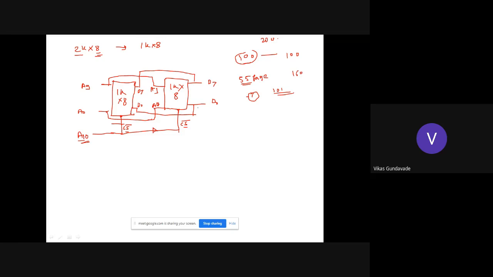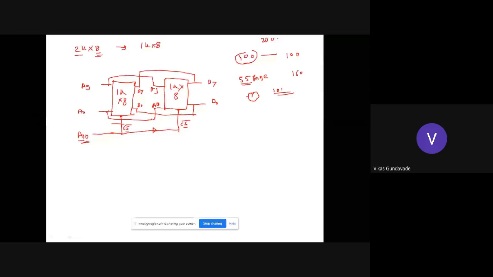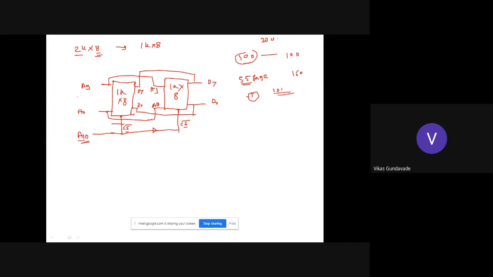Already in the first lecture, at the start of the microcontroller session, I explained the different devices which need to be interfaced to the microcontroller. Here we have seen the buffers, the latch, then the decoders and so on. So the functions of decoders, buffers and latches come into the picture.